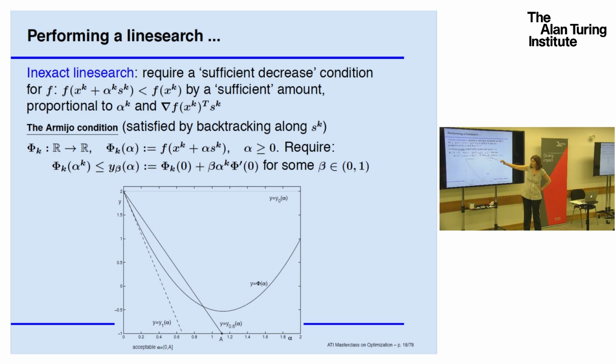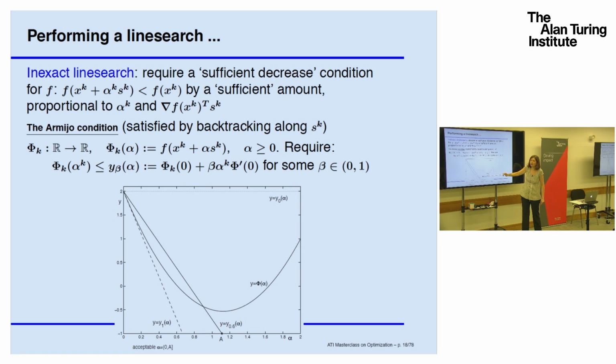So I have something that's a function that depends on alpha here. And what I require in this condition is that the graph of my function phi along sk, this graph here, lies below a line. Okay? And this line here, trust me, is just f(xk) plus some parameter alpha k, and then here is exactly this term.